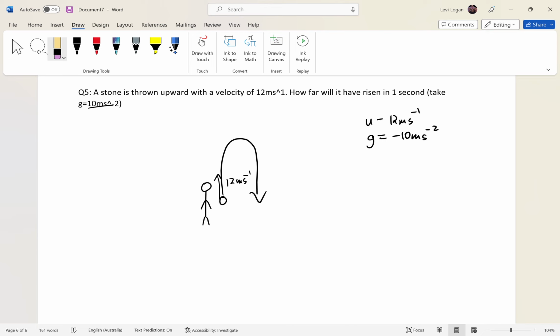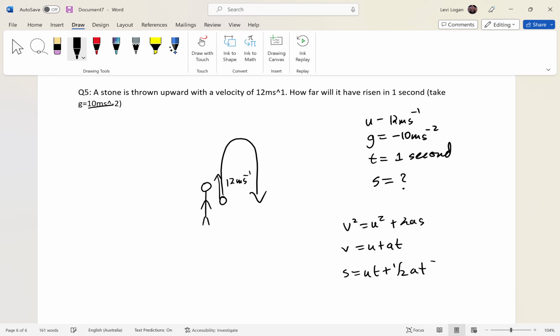Alright, how far will it have risen in 1 second? So we've also been given time. Time is 1 second, and we want the displacement it travels. So v squared equals u squared plus 2as, v equals u plus at, and s equals ut plus a half at squared.